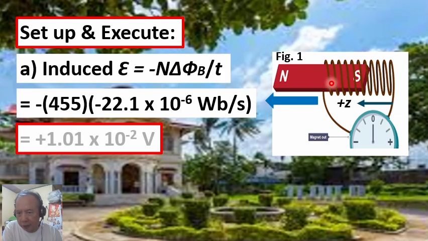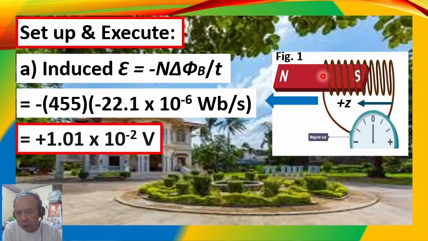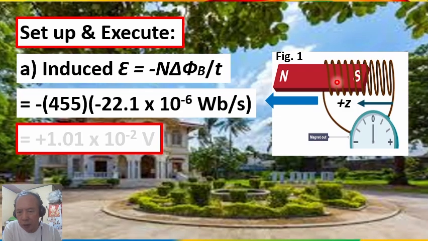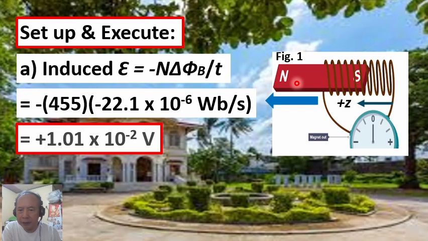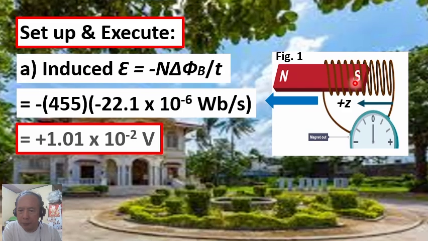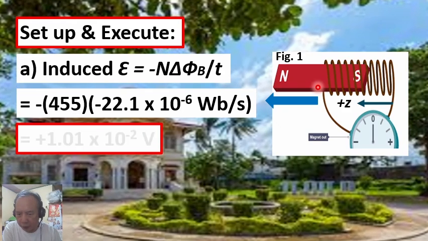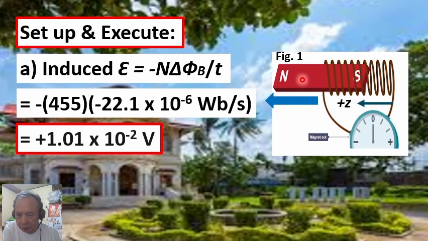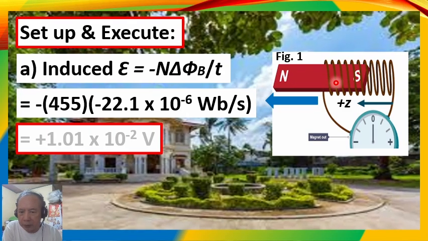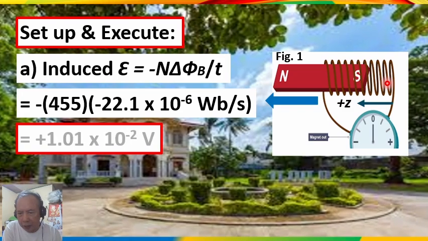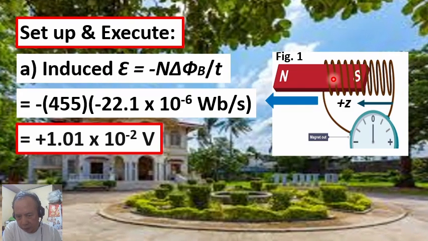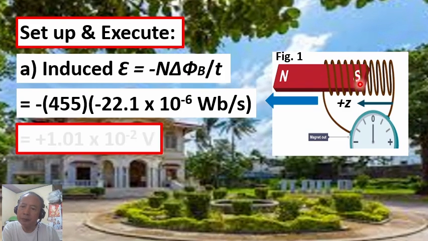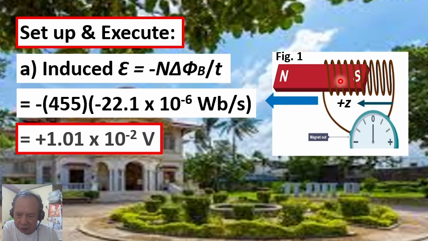And if you succeed in moving the bar magnet away from the coil, that is because you are doing work. So in other words, there is work done in moving the bar magnet away from the stationary coil. And the amount of the work done is a form of mechanical energy.